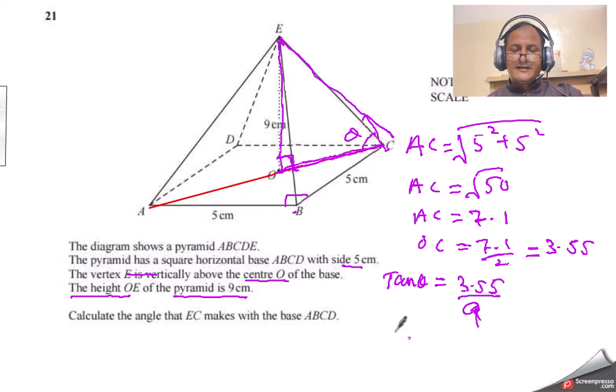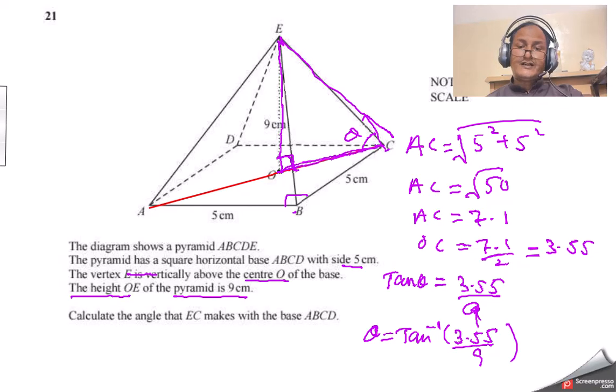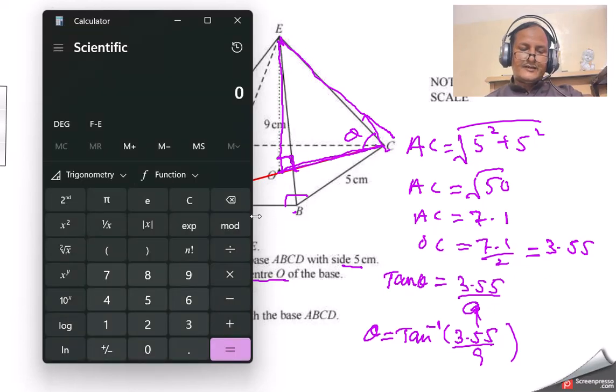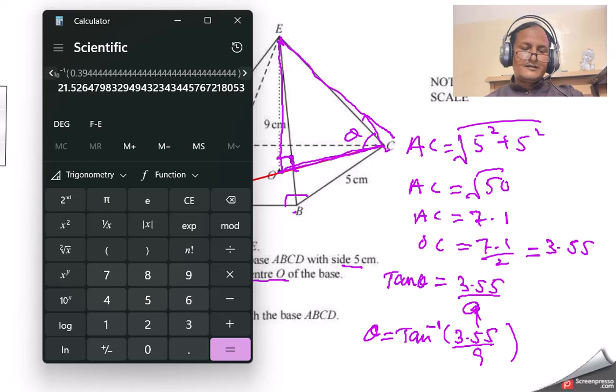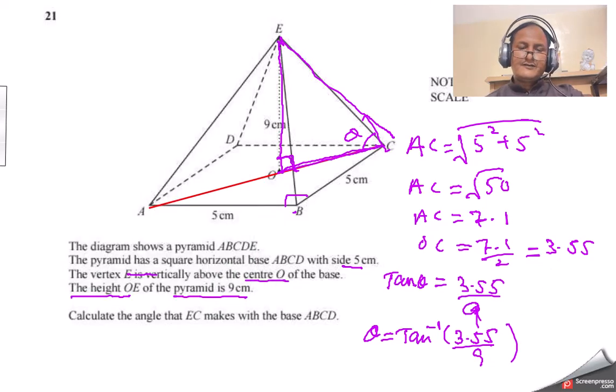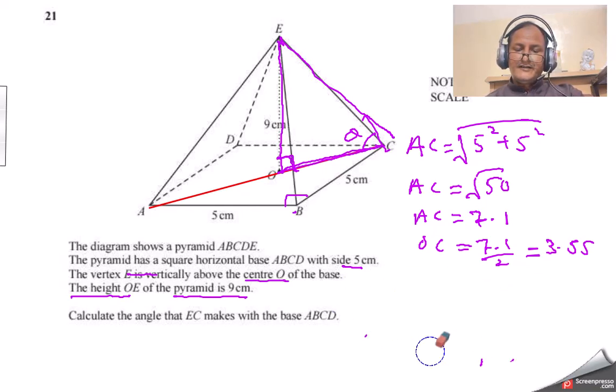Then theta equals tan inverse of 3.55 by 9, just with the help of a calculator. Okay, I think these are the wrong values. I'm so sorry, that's a very long paper.